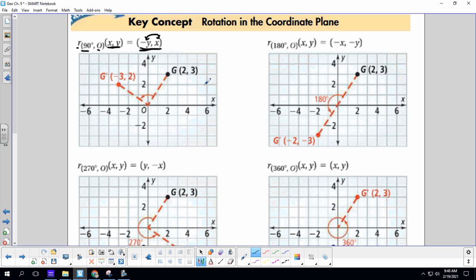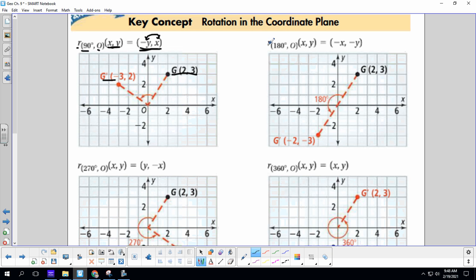Okay. So if we look at G as our pre-image, when we rotate it 90 degrees to get G prime, we switch the x and the y, so it's now 3, 2, and we change the sign of the first coordinate.